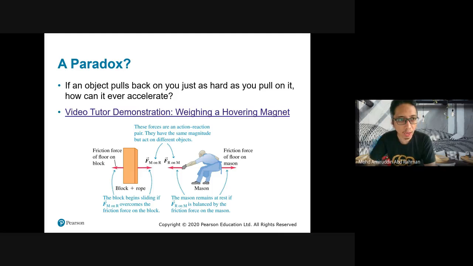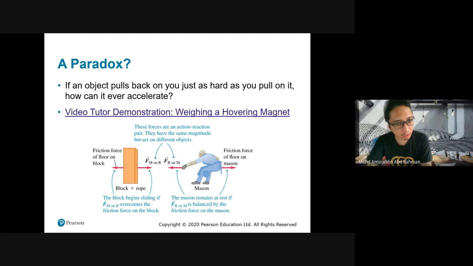Okay, let's say an object pulls back on you just as hard as you pull on it. So how can it ever accelerate? Let's say we have a huge block, where we have the friction force from the floor on the block, on the left side.